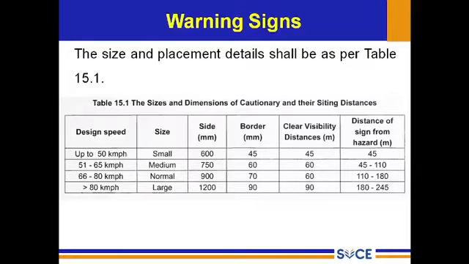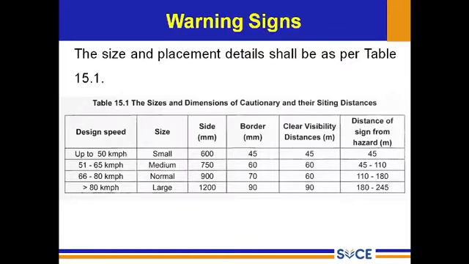The visibility distance is 45 meter. If the vehicle is moving below 50 km speed, the 45 meter gap is enough to stop or take some action like applying brakes. And the distance of the sign from the hazard is the same, 45 meter. If you keep that, it is enough.